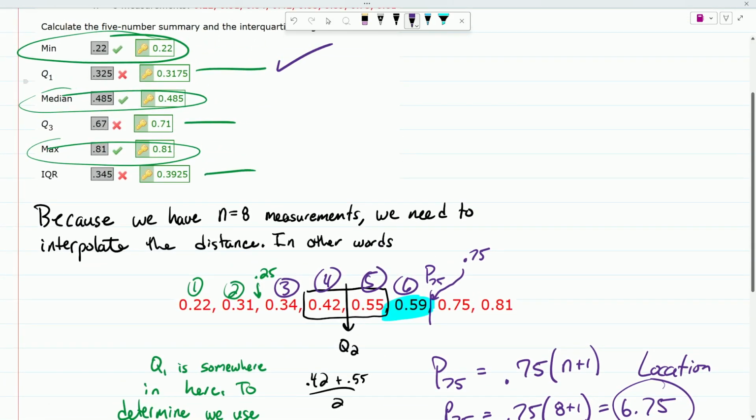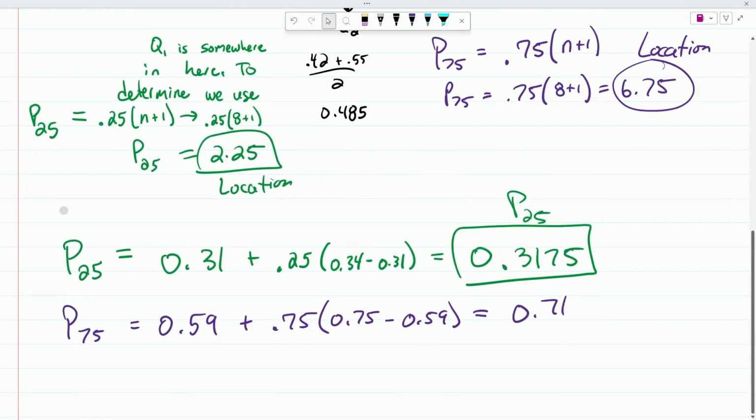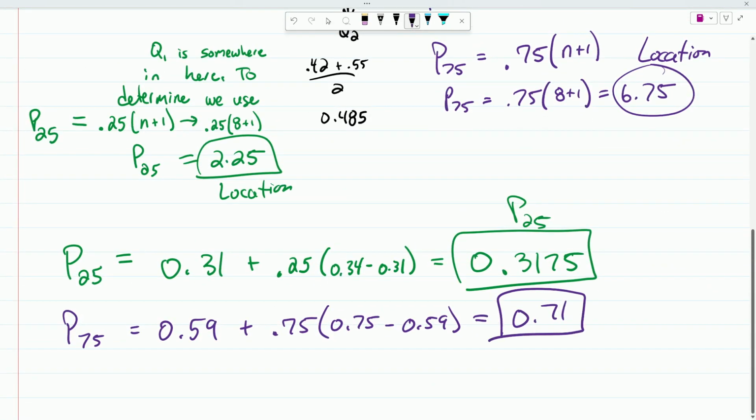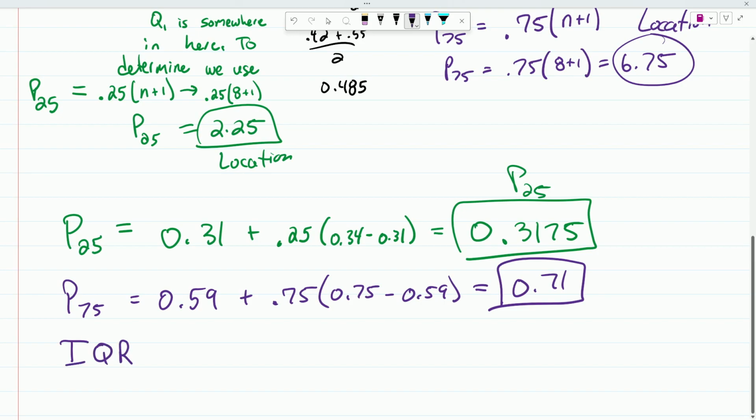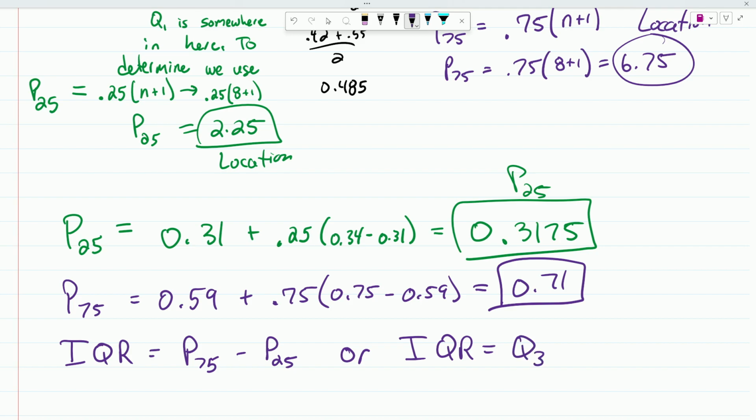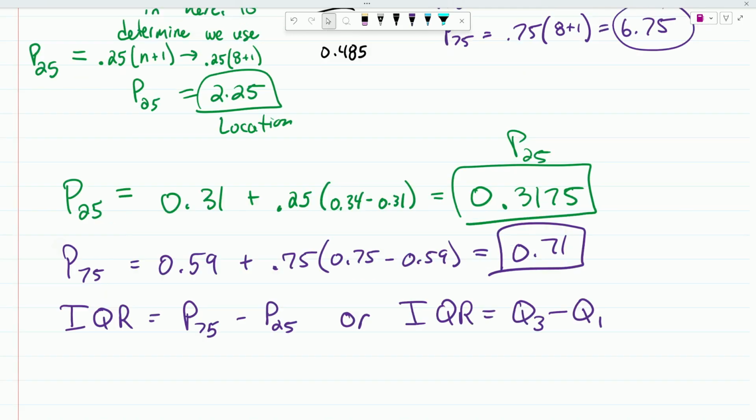So here is the 0.3175. Here is the 0.71. And because these two are now correct, the IQR is going to be correct as well. Our IQR is the 75th percentile minus the 25th percentile, or another way to phrase that is the IQR is equal to Q3 minus Q1.